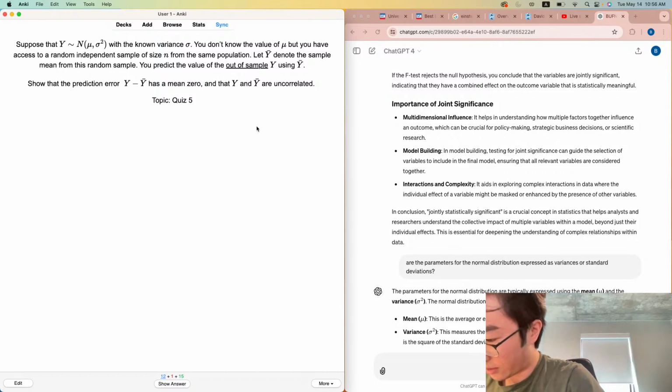So what if I do then? So plus expectation of yi mu plus expectation of mu squared. So expectation of yi minus y bar, y bar.